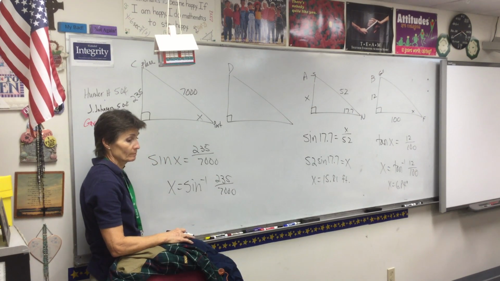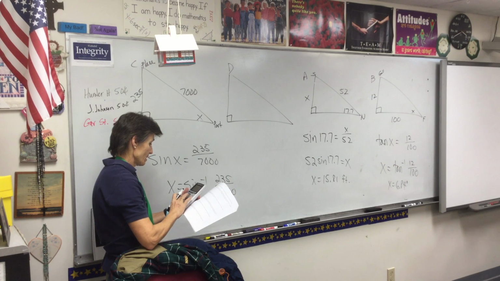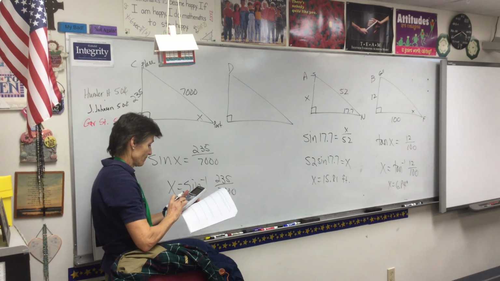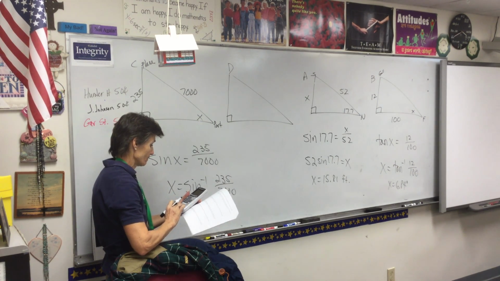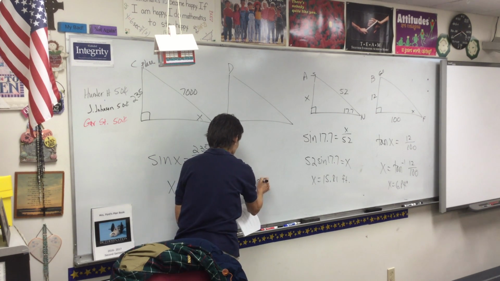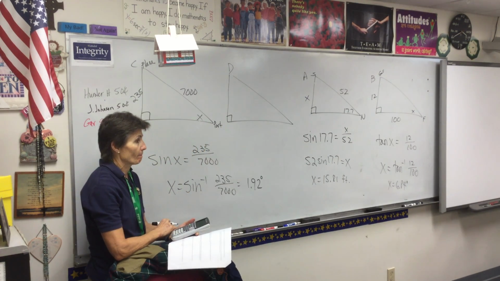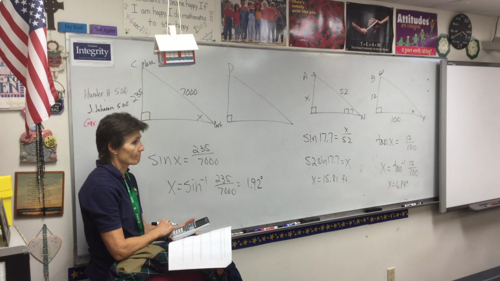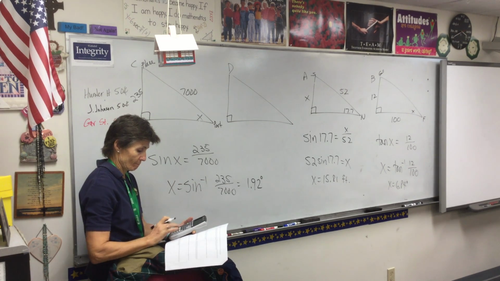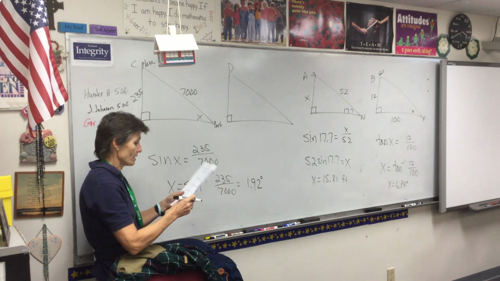That's what we have to do. So second sine, 235 divided by 7,000. I got 1.92 degrees. Did you? Yeah. All right, wonderful people.